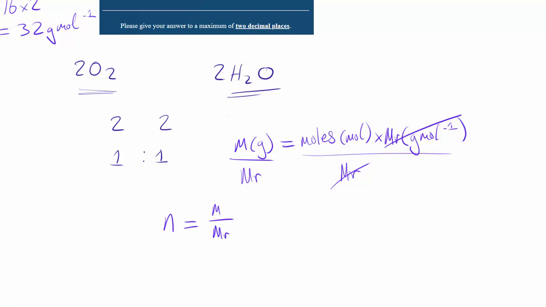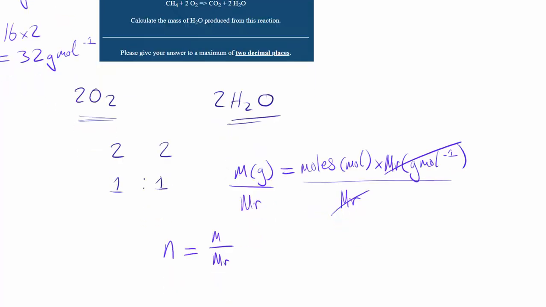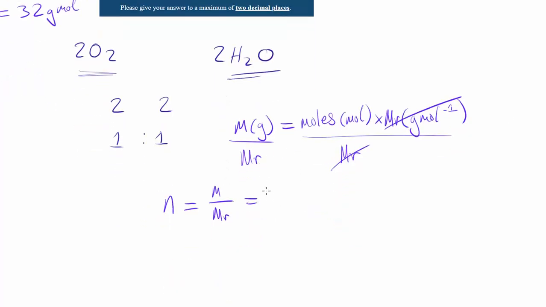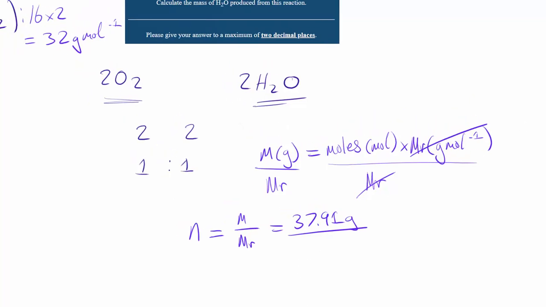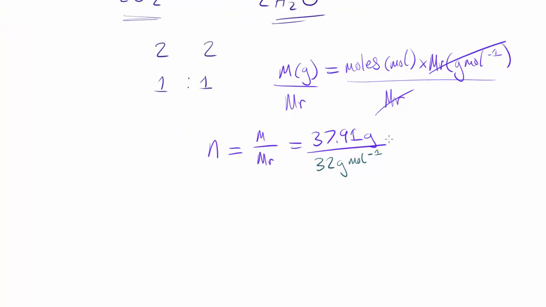And we know that the mass in this case is 37.91 grams. And we're going to divide that by the molar mass, which we worked out just now as being 32, right? So what is that going to give us?